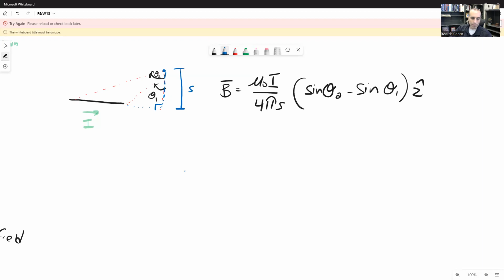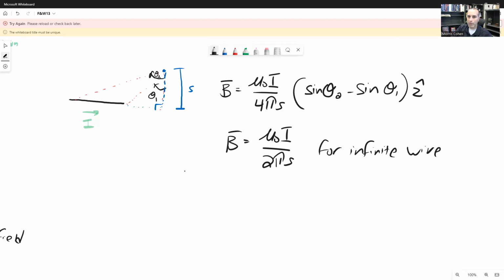That length is S. All right. If the wire is infinite, then this simplifies to B equals mu naught I over 2 pi s for an infinite wire. Because what happens for an infinite wire is theta 2 becomes positive 90 degrees and theta 1 becomes negative 90 degrees. And so you end up with this.